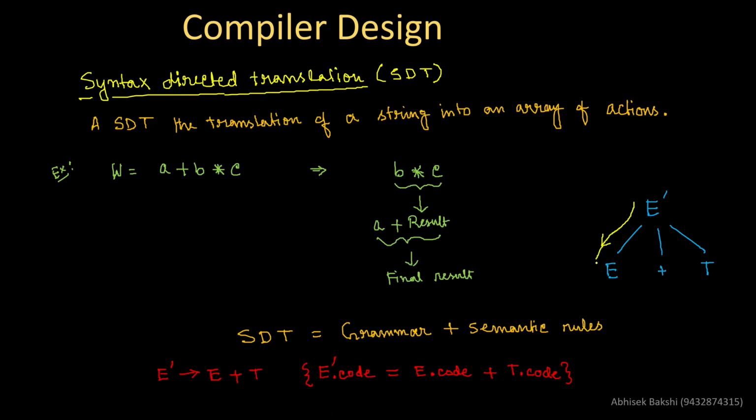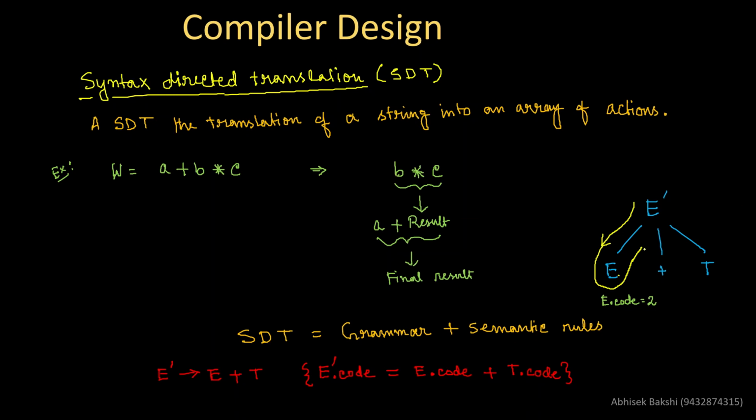It will go to the leaf and start upward, and when reduction starts, it will see the value of the code at this point, say E dot code equal to 2. That will be kept in memory somehow.